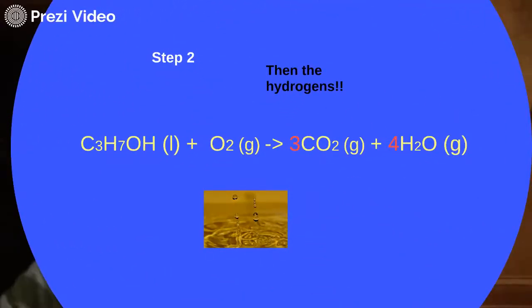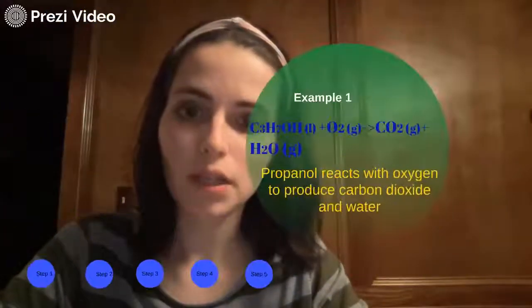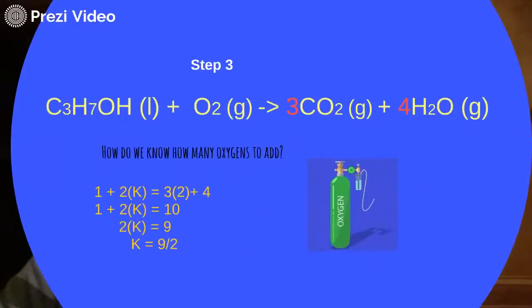Now our hydrogens are balanced and we're only left with oxygens to balance, which is going to be a little tricky because the problem is that we have oxygen in two parts of the equation.